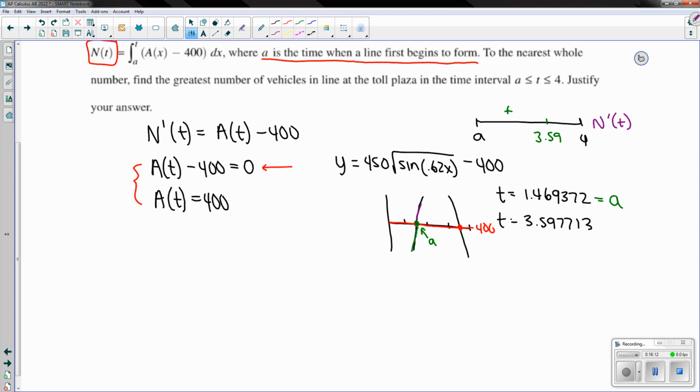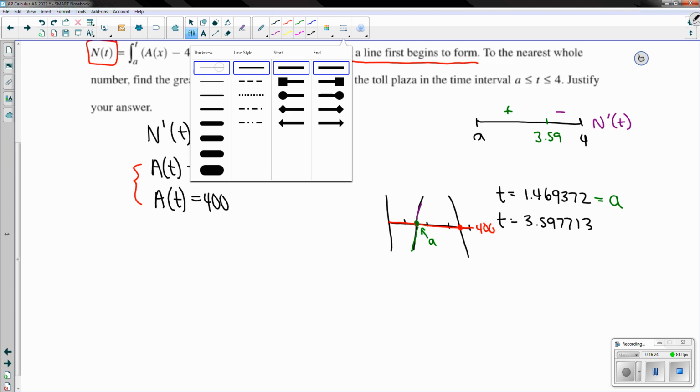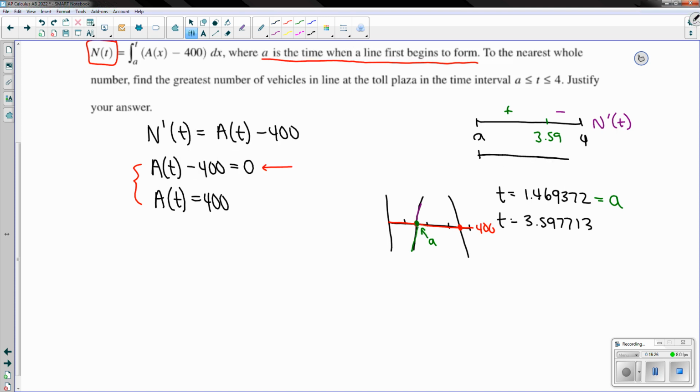Then it goes below, so then it's negative. So what does that mean for our function n of t? That means it must be increasing from here and decreasing there.